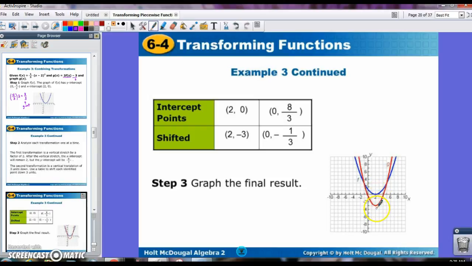So I shift it down 3 units, and I shift my other points down 3 units. So I was at 0, 8/3. I'm now at 0, -1/3, because I subtracted 3 from that. So 8/3 minus 3, that's the same as doing 8/3 minus 9/3, which gives me -1/3. And so I'm shifted down here at -1/3.